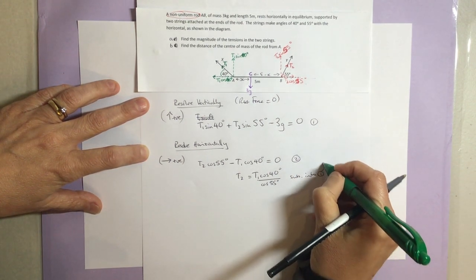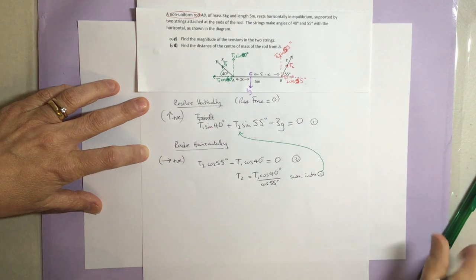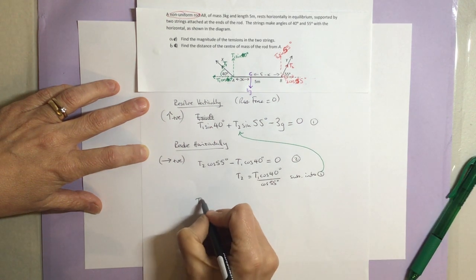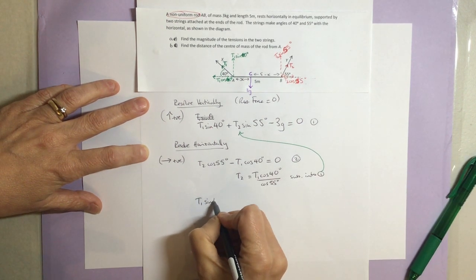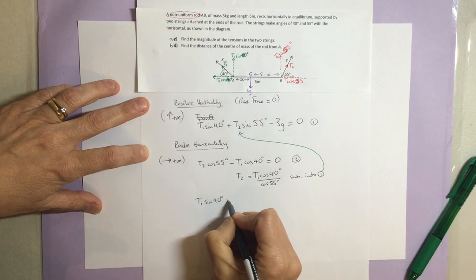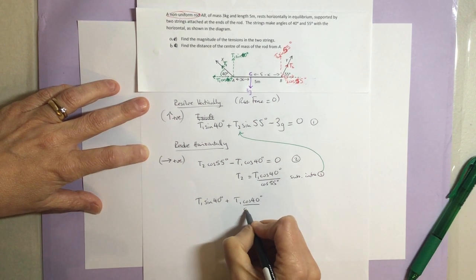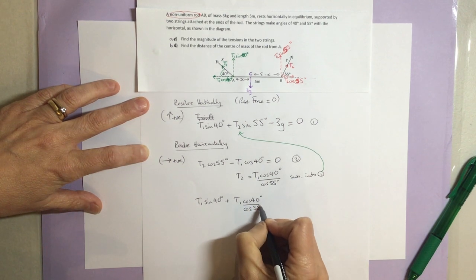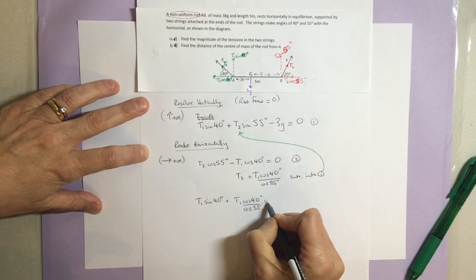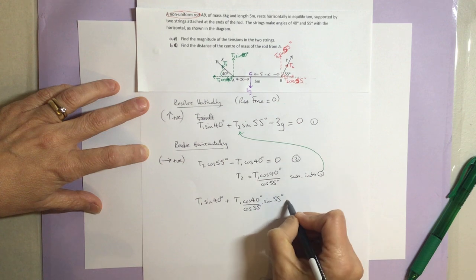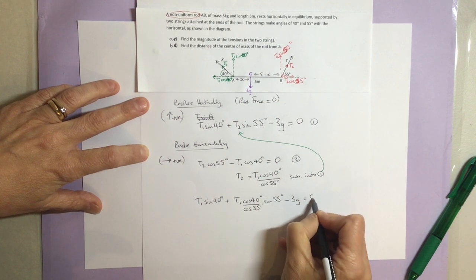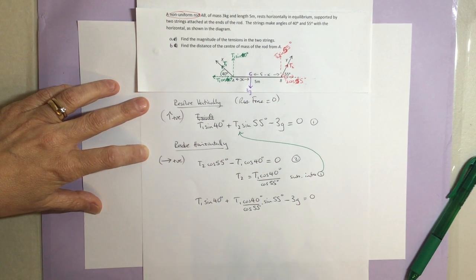So that's going to give me T1 sine 40 degrees plus T1 cos 40 degrees over cos 55 degrees times my sine 55 there, minus 3g is equal to 0.